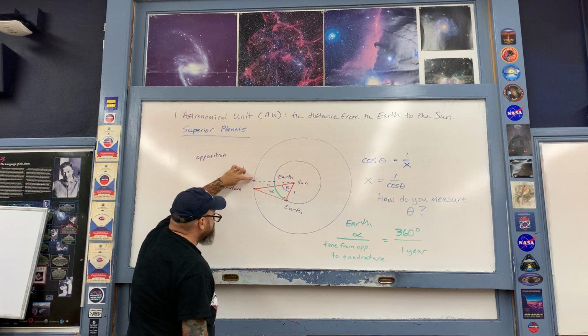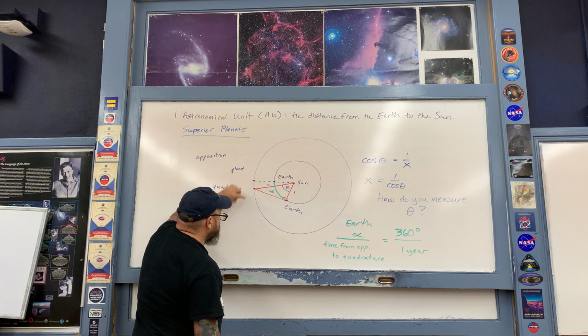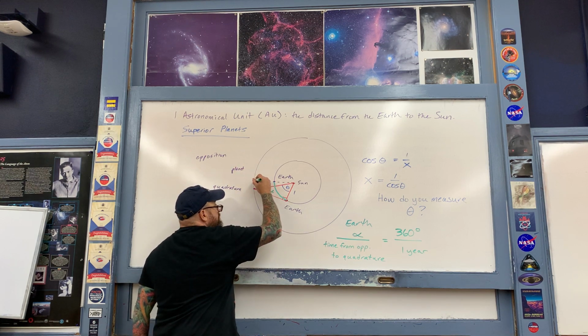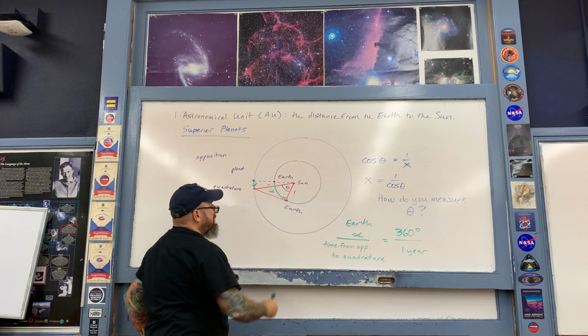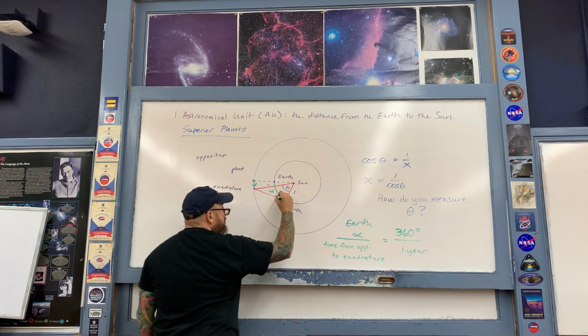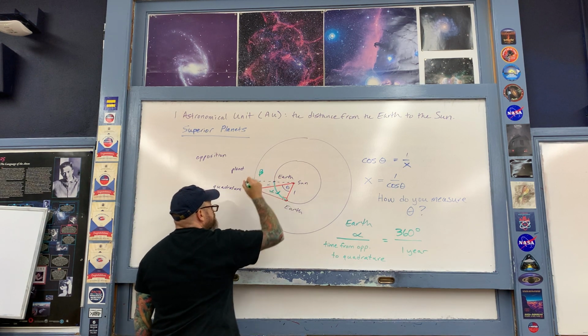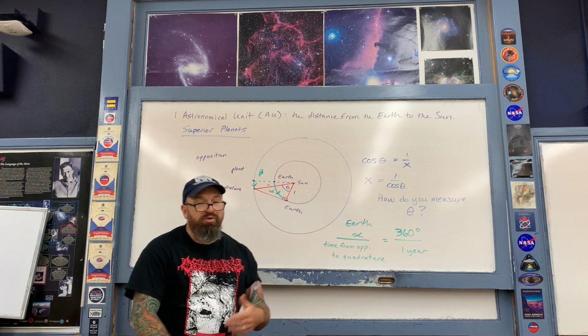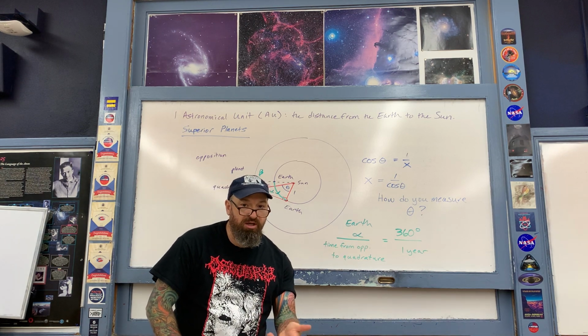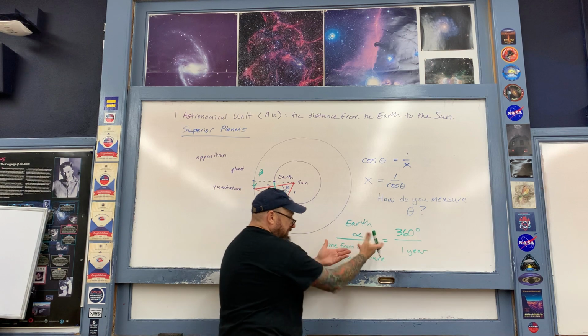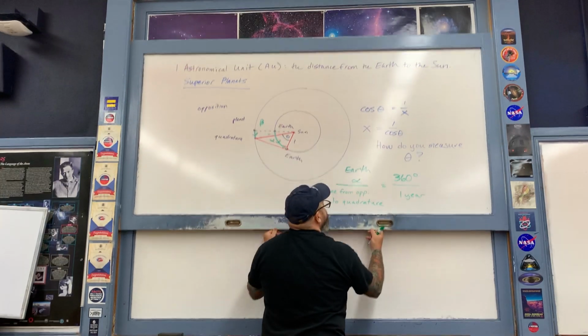Now take a look at the planet. The planet just moves from here to here in the time between opposition and quadrature. It moves through this smaller green angle right here. Let's refer to that green angle as beta. Here's where the planet's sidereal period becomes important. I'm going to set up another proportion.